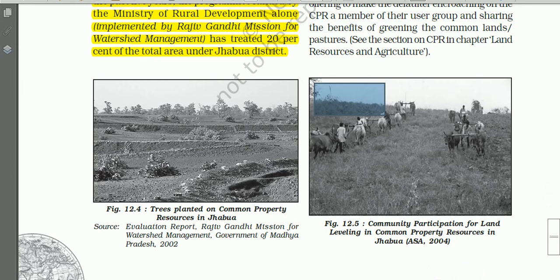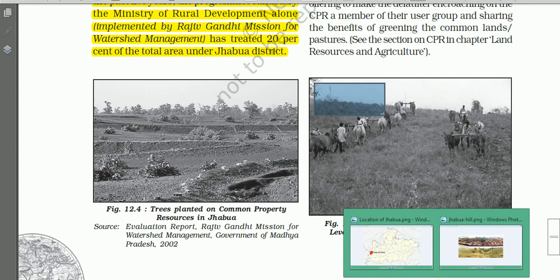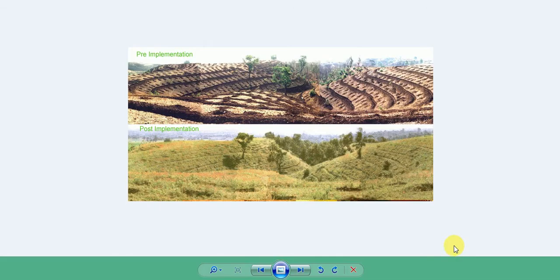And here we have some more photographs. See here, this is also implemented in Jhabua district. This is post implementation. Here this is degraded, and here these grasses and trees are planted.